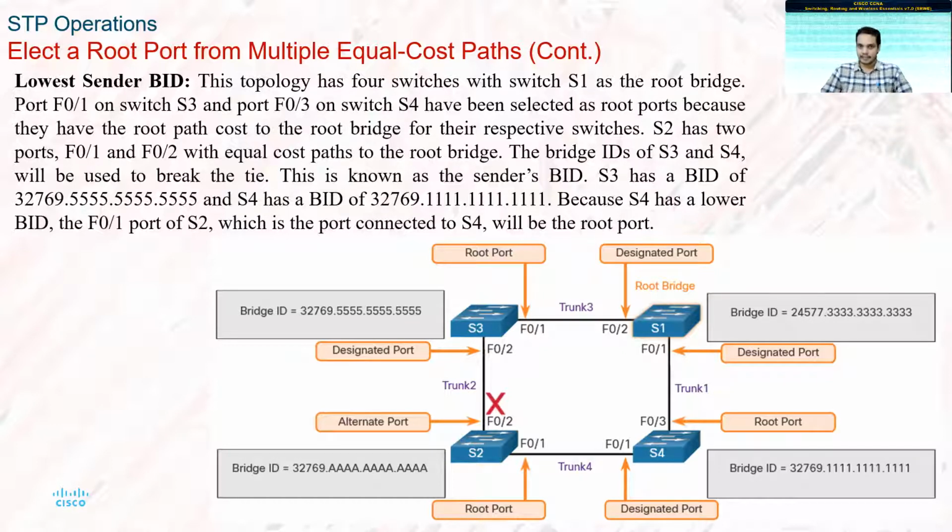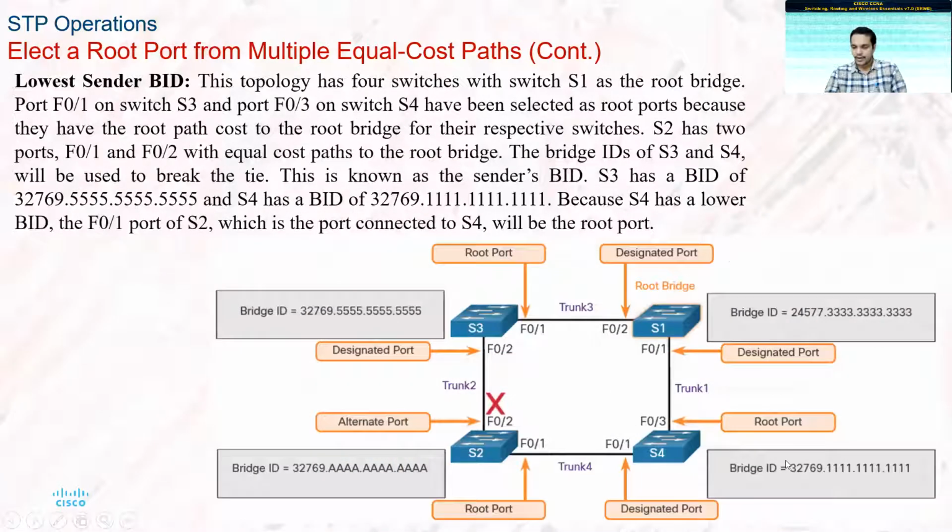Now, this tie can be broken by using the sender's BID. If you see here, the bridge IDs of S3 and S4 will be used to break the tie. If you see for S2, S3 and S4, S3 has a bridge ID of 32769.5555 and for S4, the bridge ID is here. It is clearly shown here.